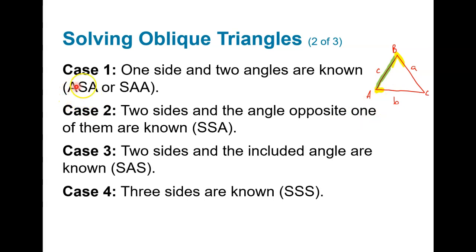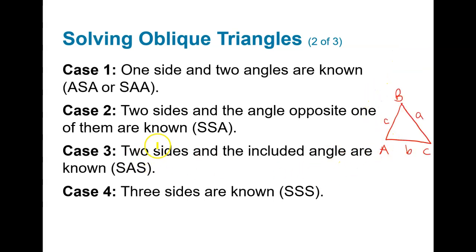The side is between the two angles. But if I knew angle A and angle B, but the side I knew was side A, that's not between the two angles, then that is SAA. I know two angles, but the side is not between them. It's over here, in a different position. So that's the difference between ASA and SAA.